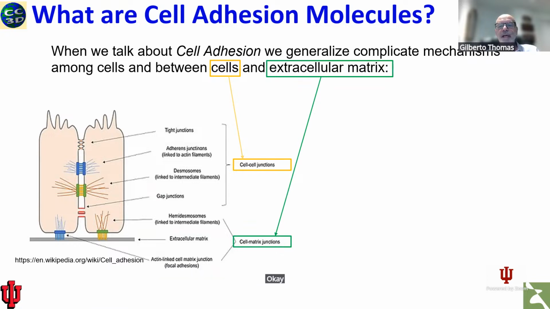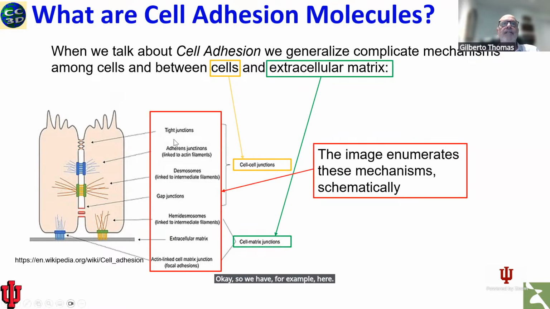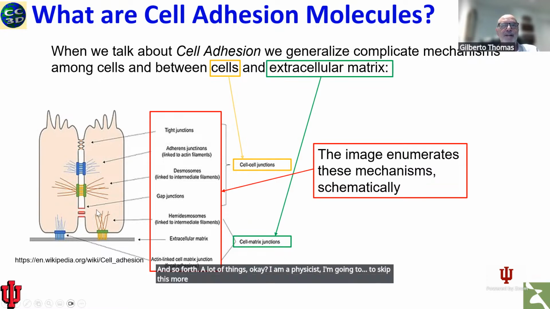Okay, so we have, for example, here these tight junctions, which are only at the surface, at the membrane of the cell. We have these junctions, adherent junctions, desmosomes, gap junctions, and so forth. A lot of things. Okay, I am a physicist. I'm going to skip these more detailed biological names here.